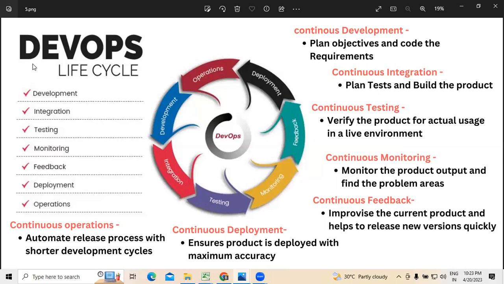So the stages of DevOps I'm talking about, right from continuous development, integration, testing, monitoring, feedback, deployment, operations, all these happen under the same platform. Even the development team, operations team, everybody is working in the same environment. This is where the DevOps lifecycle process comes into the picture.